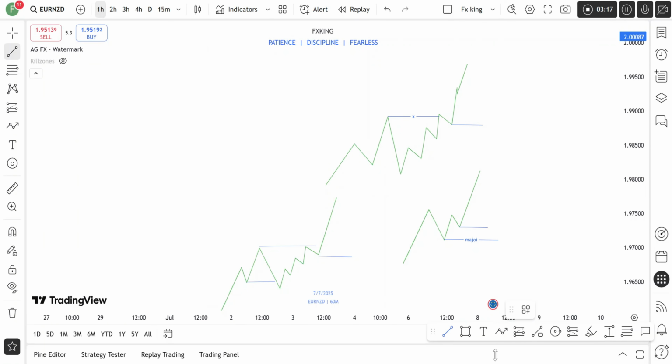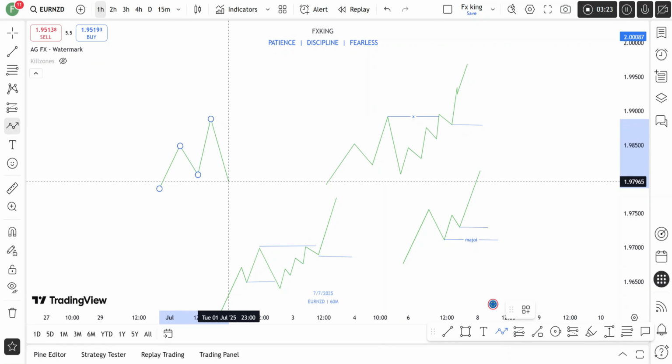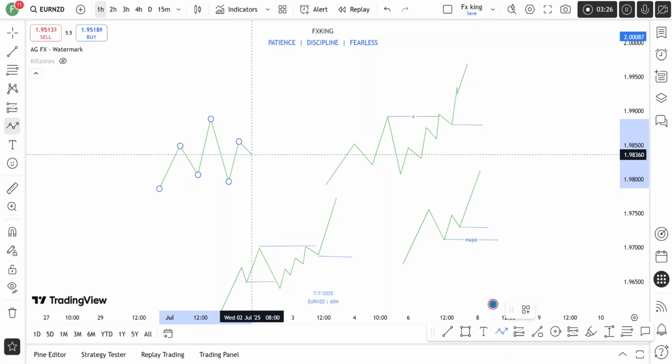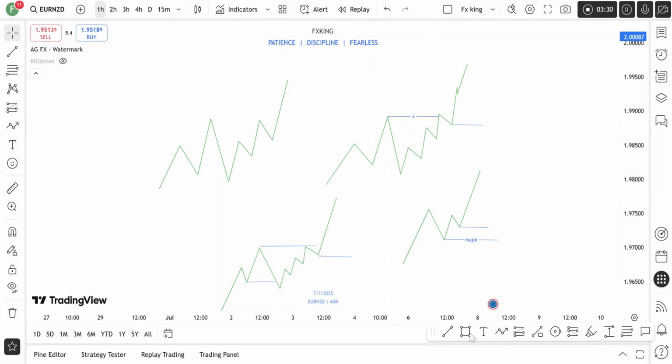Now let me show you an example of a minor inducement. Let's say the market is pushing up like this, the market takes out the pullback, and we have a move like this. Now we have a valid break of structure here, and that means the market has taken out this inducement here.